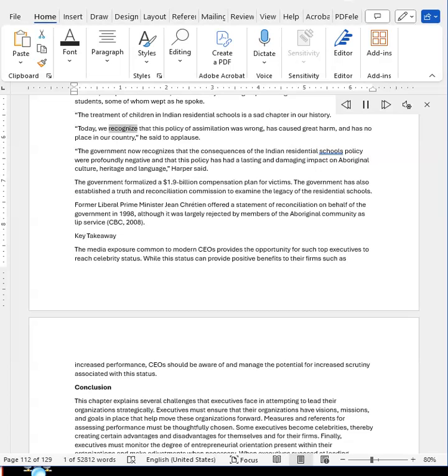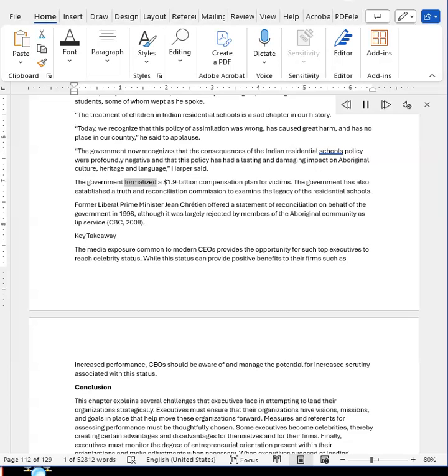Today, we recognize that this policy of assimilation was wrong, has caused great harm, and has no place in our country," he said to applause. "The government now recognizes that the consequences of the Indian residential schools policy were profoundly negative and that this policy has had a lasting and damaging impact on Aboriginal culture, heritage, and language," Harper said.